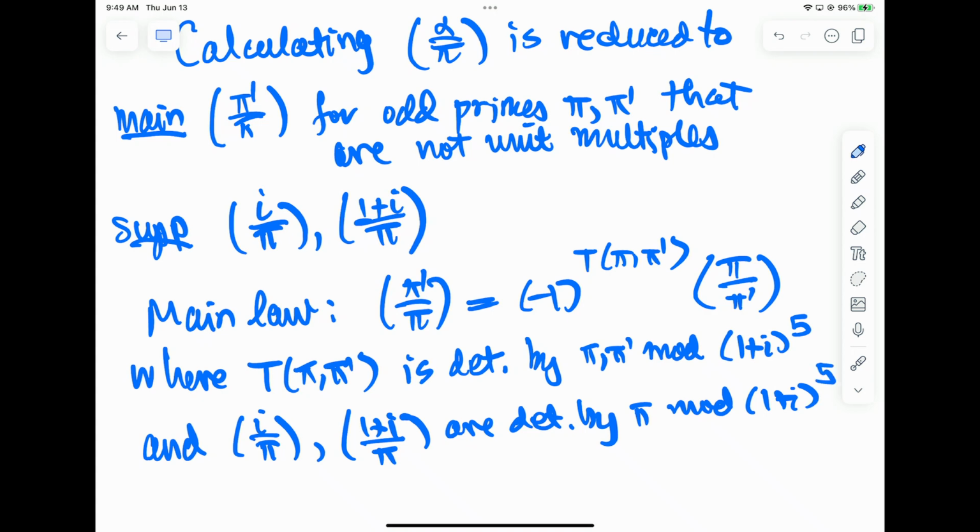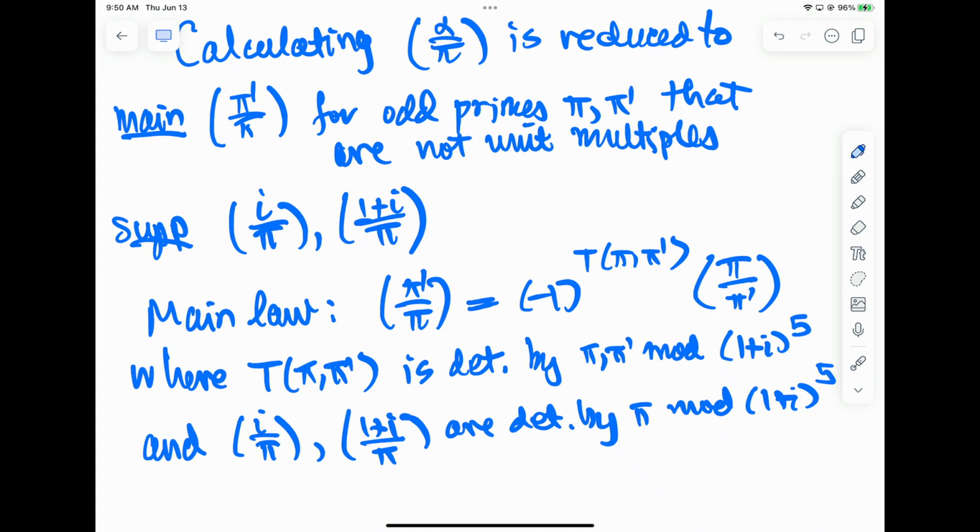So in the supplementary law over Z, minus 1 on p depends on p mod 4, 2 on p depends on p mod 8. I'm just giving a common modulus here for everything. Maybe in some instances, you can cut down the modulus to a lower power of 1 plus i, but it's analogous to ordinary quadratic reciprocity in the sense that the modulus to which the primes matter is a power of the even prime in the Gaussian integers.